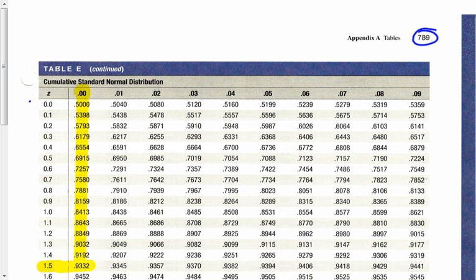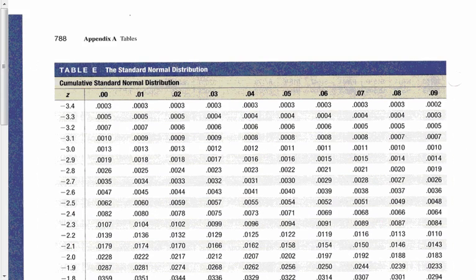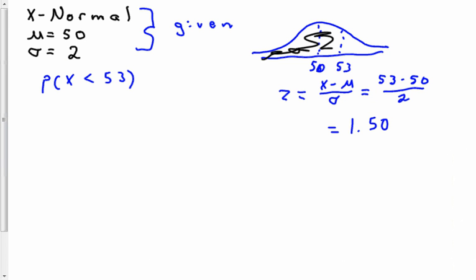That is .9332. So that would be using the standard normal distribution to find a probability in the normal.